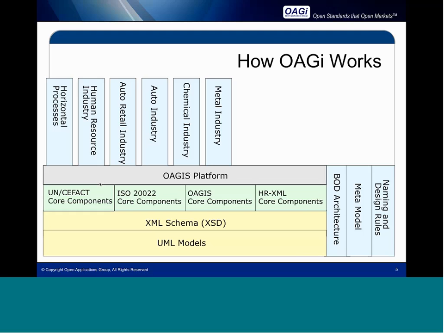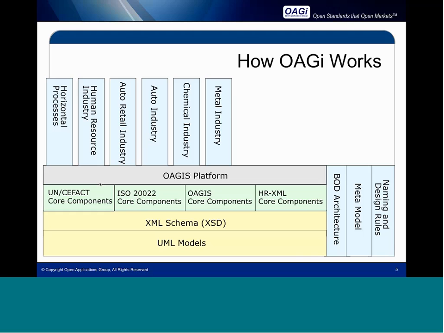activity diagrams. Built on top of UML models are XML schemas, and that is a way of defining the information requirements in a way that can be easily implemented by developers. And then built upon XML schema are various types of what we call core components, or reusable definitions of information.